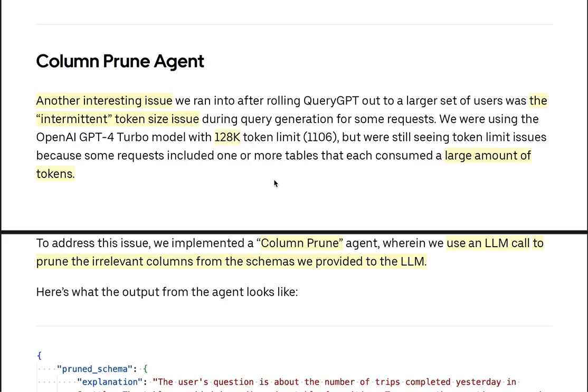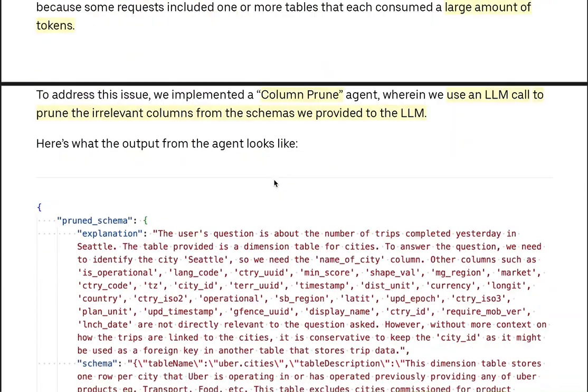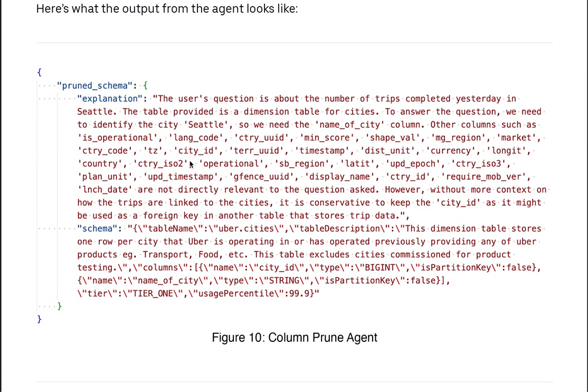This again solves the same problem, and aims to make the entire query size much smaller than the original. This is a sample output from an intermediate step: for a particular query, some columns were needed and some were obviously not required, and those were removed by this agent.